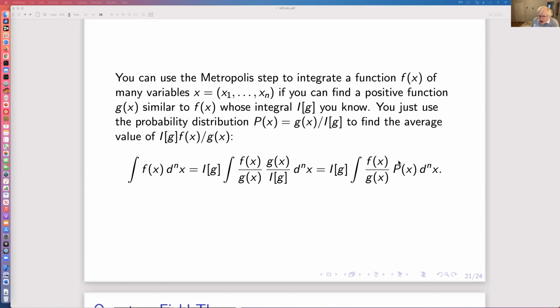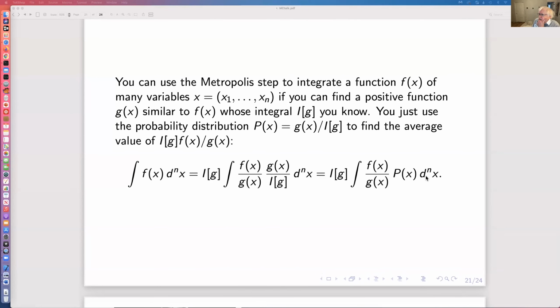Now, this is actually an equation here. So even if it's not the optimum function g of x, this should still give you a reasonable answer when you do the Monte Carlo here. But of course, the more similar g is to f, the better this approximation will be.